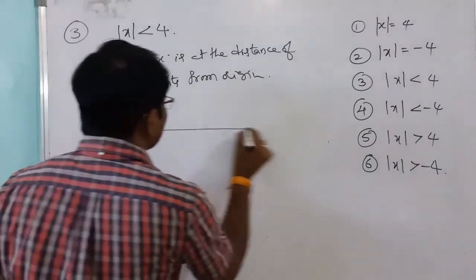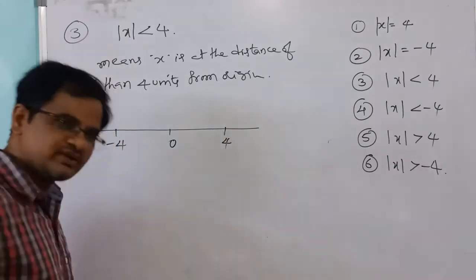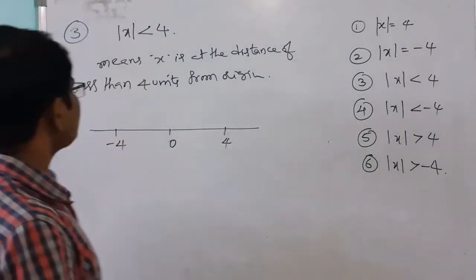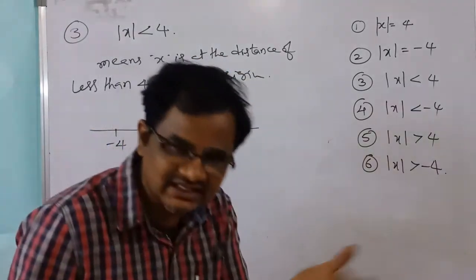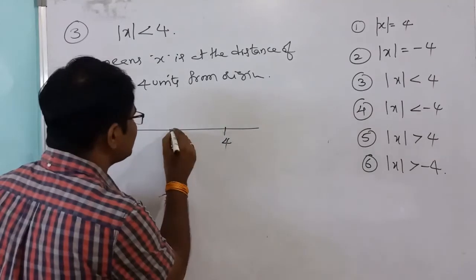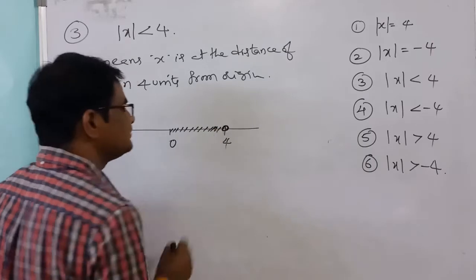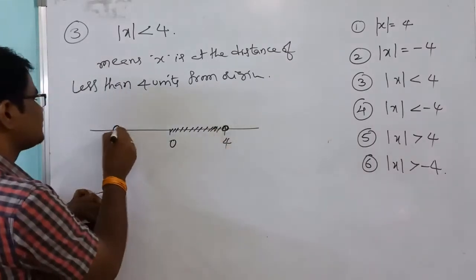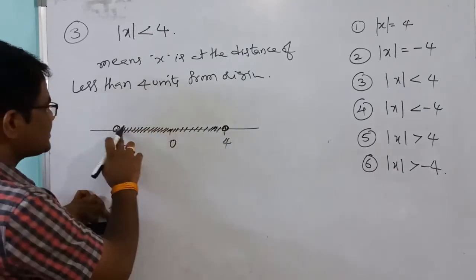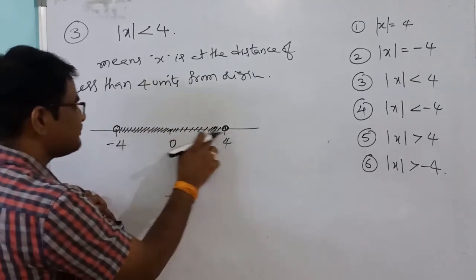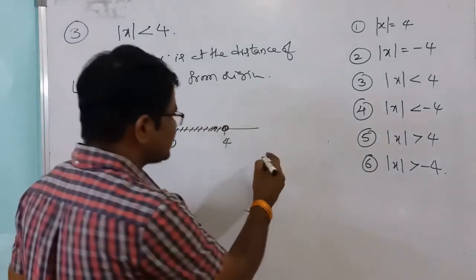If you take it like this, here 0 is there, here minus 4 is there, here plus 4 is there. Less than 4 means x is located within 4 units of the origin, that is, here to here. Less than means not including 4 and minus 4. So this distance. Understood? So x is moving between minus 4 and plus 4. That is the meaning.